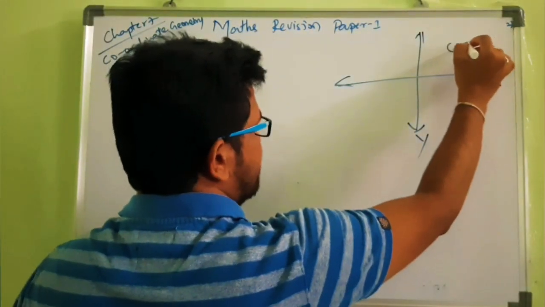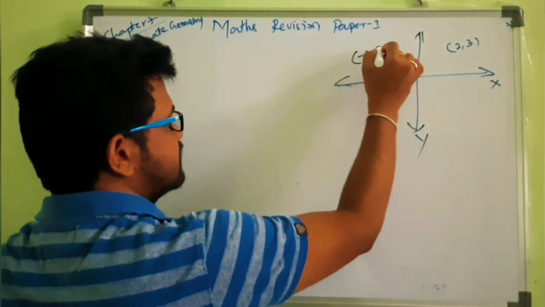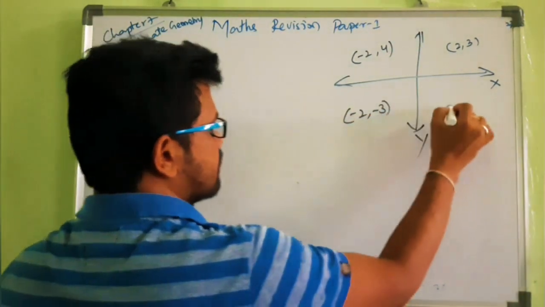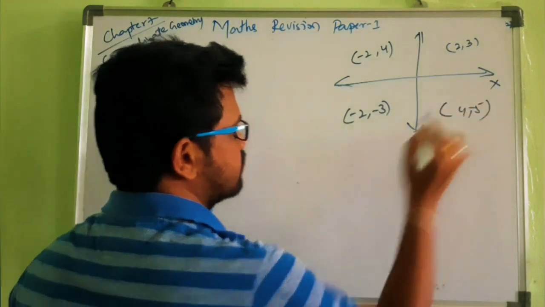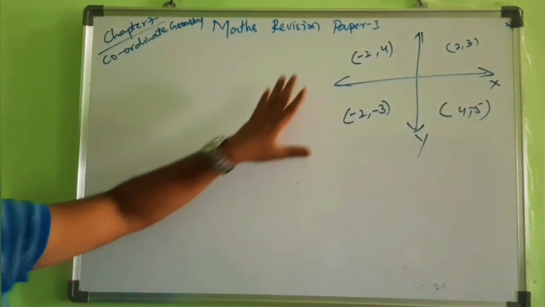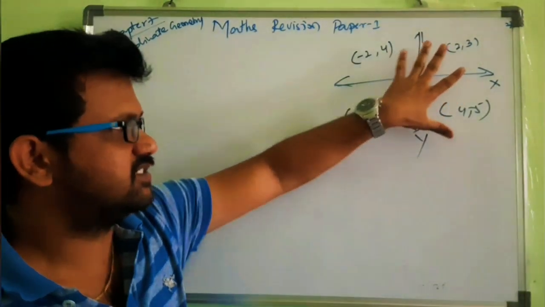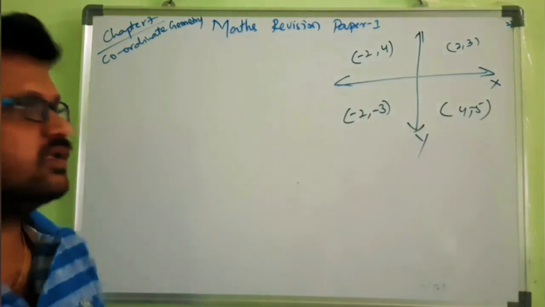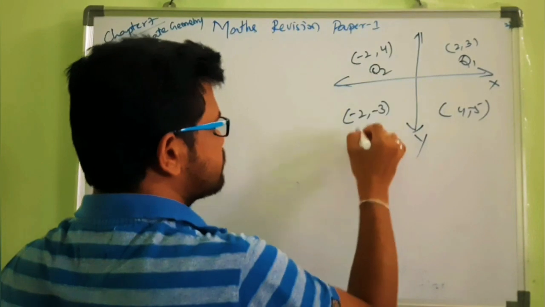Here in first quadrant both are positive, and in second quadrant x is negative, y is positive. In third quadrant both are negative, like this. X is positive, y is negative. Okay, so we represent these all in the coordinate system: first quadrant, second quadrant, third quadrant and fourth quadrant. This you have studied in your previous classes.